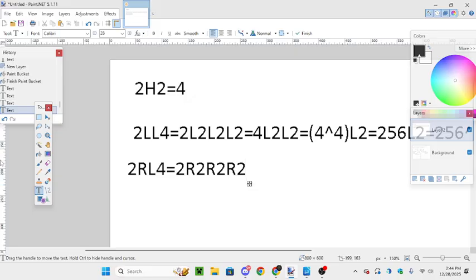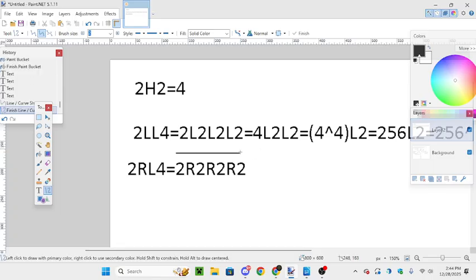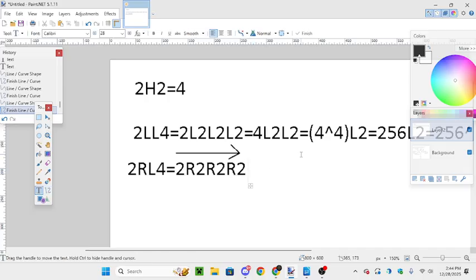But remember, we're reading this from left to right. We're not reading this from right to left. And so what does this look like? Well, any 2 hyperoperated to 2 is just equal to 4. So this is 4, R2, R2.